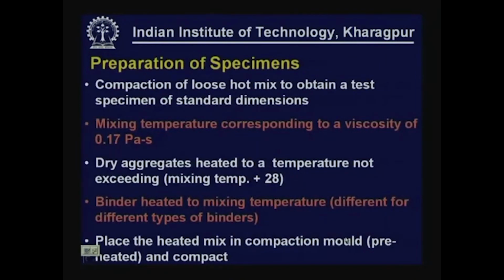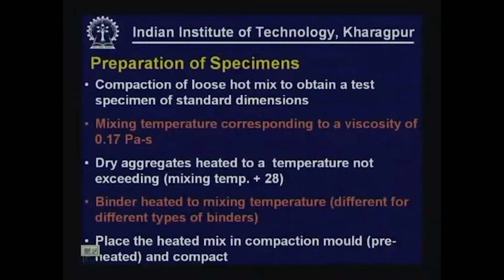For preparing the specimens, the compaction of loose hot mix, obviously we have to add aggregates and then binder and then heat it to the temperature that we have just indicated, and then that loose mix will have to be compacted so that we get standard test specimen dimensions. The mixing temperature corresponds to a viscosity of 0.17 Pascal seconds.